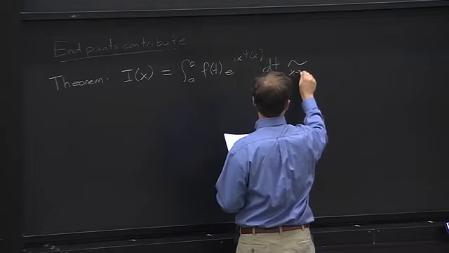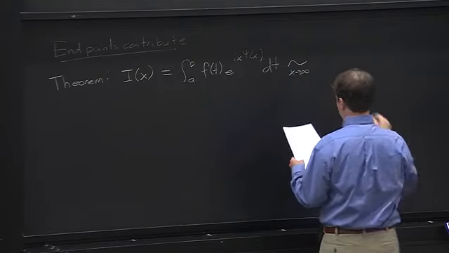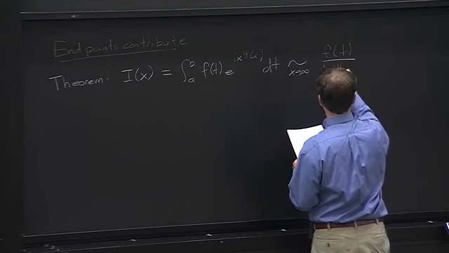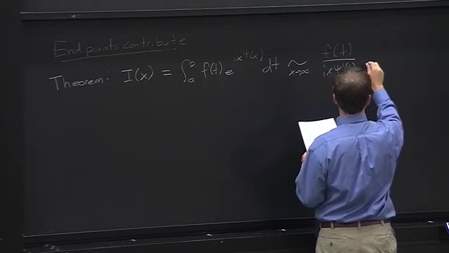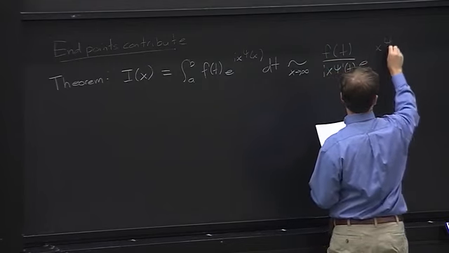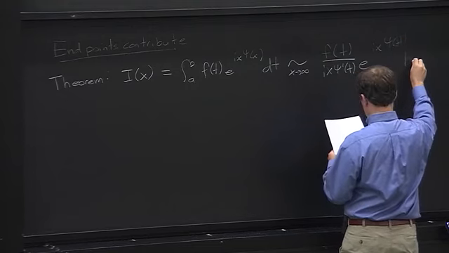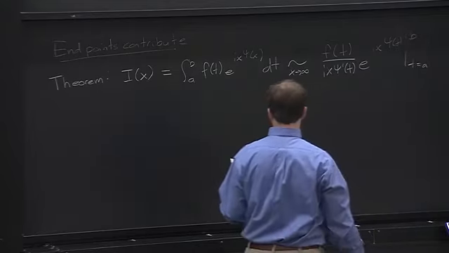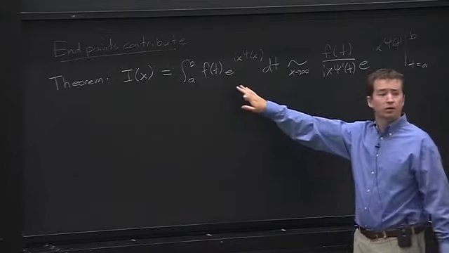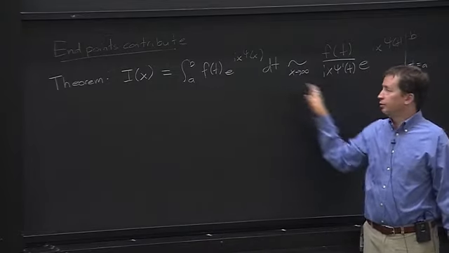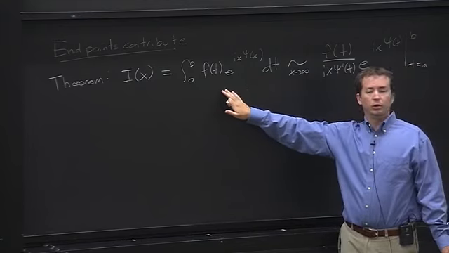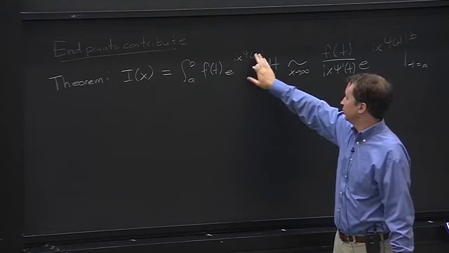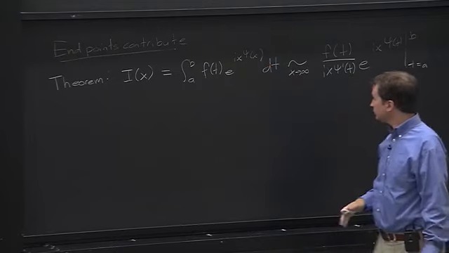Then, as x goes to infinity, this integral is asymptotic to f of t over I x prime of t e to the I x psi of t, evaluated at the endpoints. And if you've heard of it before, this is a generalization of the Riemann-Lebesgue lemma, which says something about integrals of this form if this is a constant.